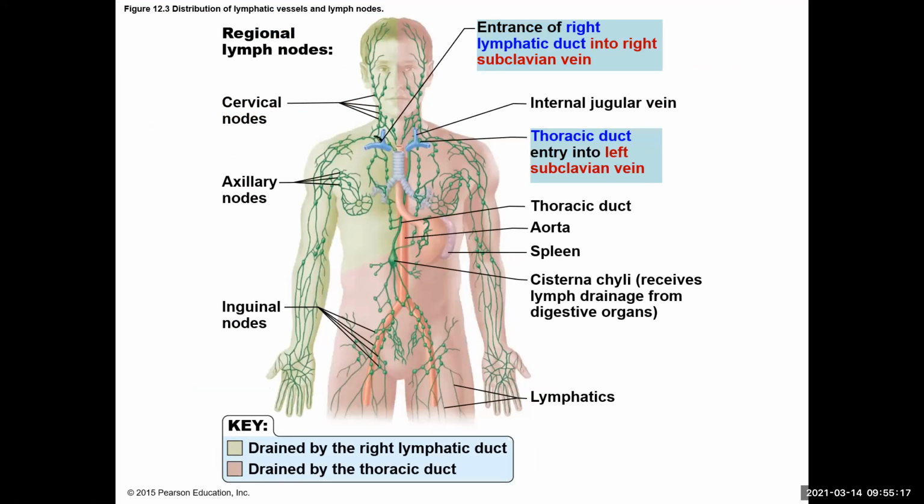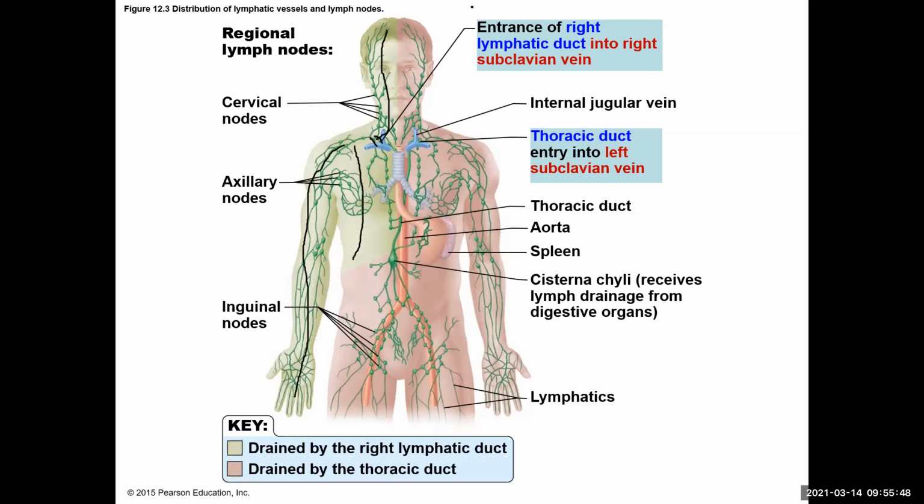Now, please pay attention. This is the last thing we're going to discuss. The right lymphatic duct will bring the lymph. Now, remember the organs. Do you see all this is green in color? So it will bring the lymph from the right arm, the right shoulder, the right side of the head, the part which is green in color, and the right side of the thorax.